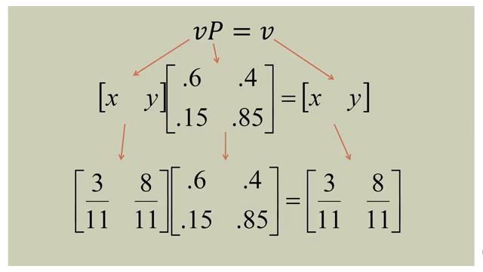It's like multiplying it by 1. And that just shows you, no matter how many times we multiply that by our transition matrix, we're always going to get 3/11 and 8/11 back. So this is the actual exact way of figuring out our steady state matrix.